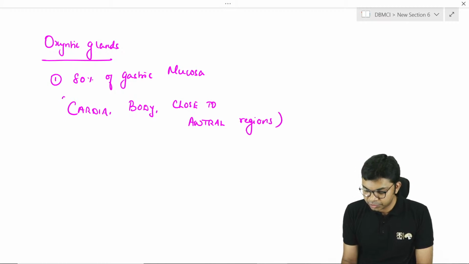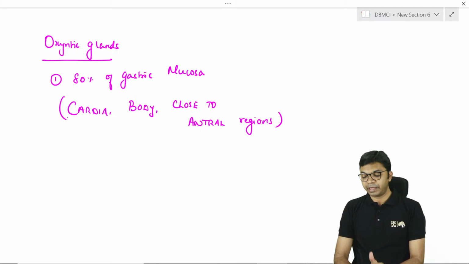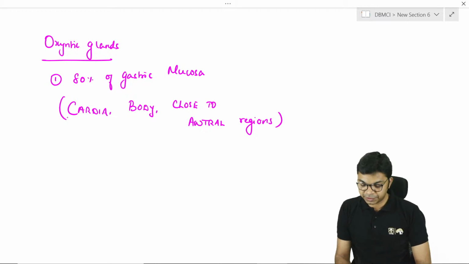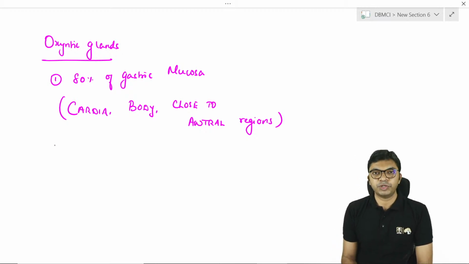Oxyntic glands are seen from cardia, body, as well as very close to antral regions. So, as I just told you, 80% of gastric mucosal surface do have oxyntic glands.